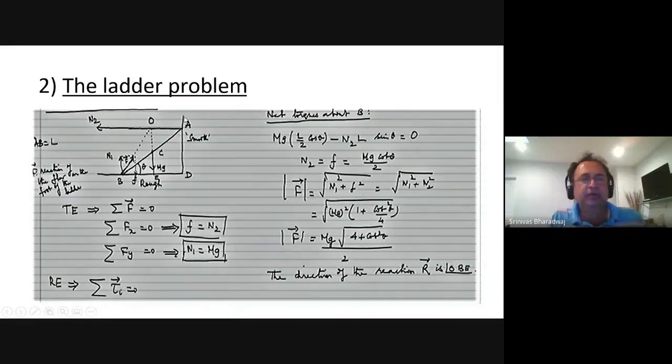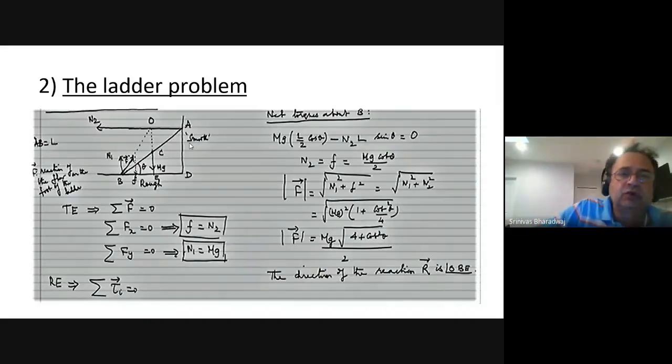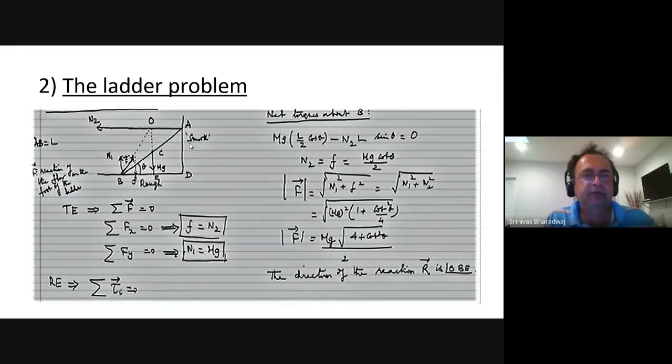Okay. But this wall is smooth, right? So even then, there has to be at least one form of friction, otherwise it will slip. Okay. So one of the surfaces has to be rough for the ladder to stay where it is. Okay. And so you end up with three sets of equations: two force equations, force in the horizontal direction, force in the vertical direction, and one set of moments.